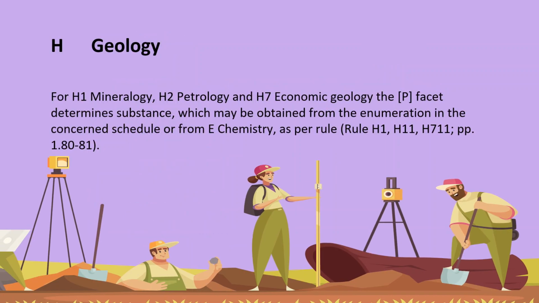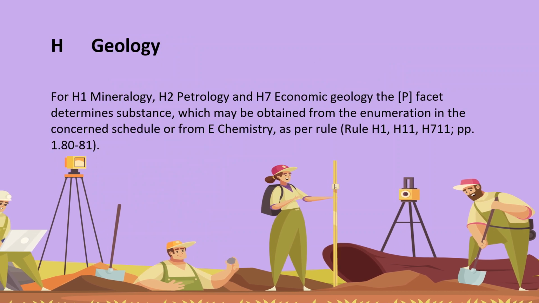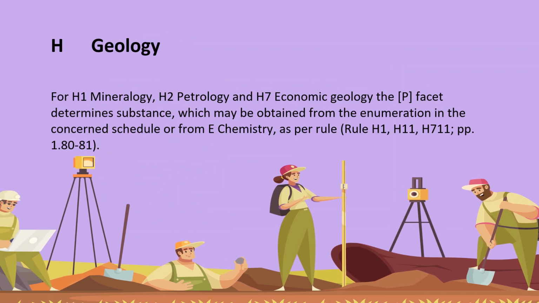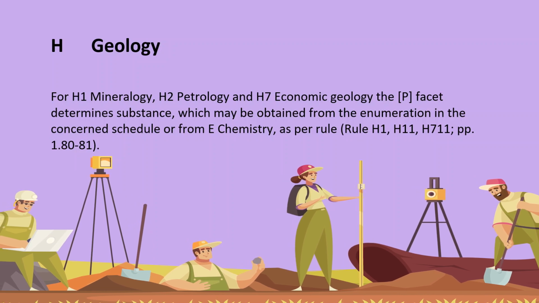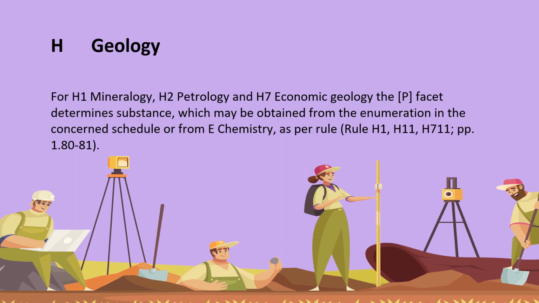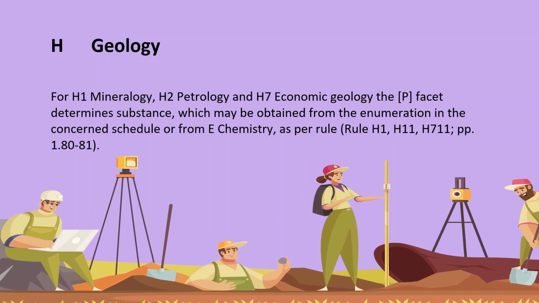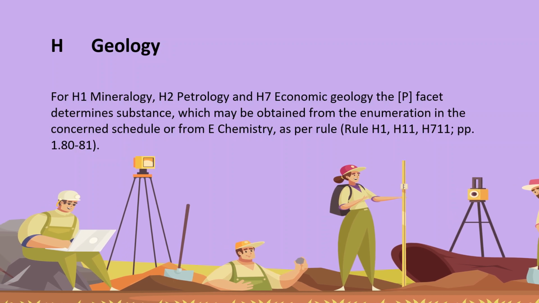For mineralogy, denoted by H1, or petrology H2, or economic geology H7, the personality facet determines substance, which may be obtained from the enumeration in the concerned schedule or from chemistry as per rule.